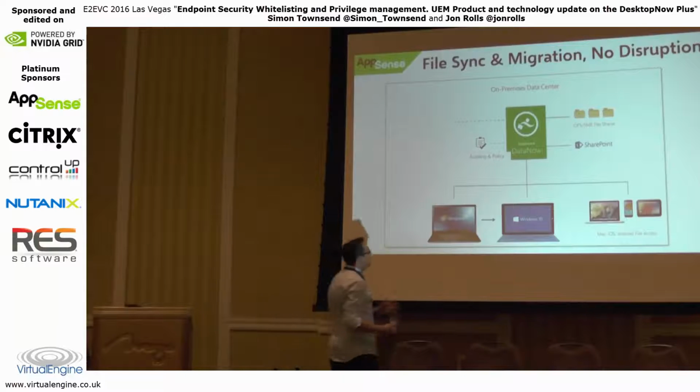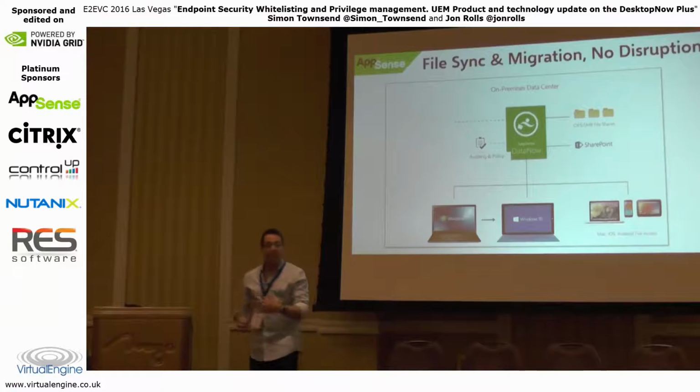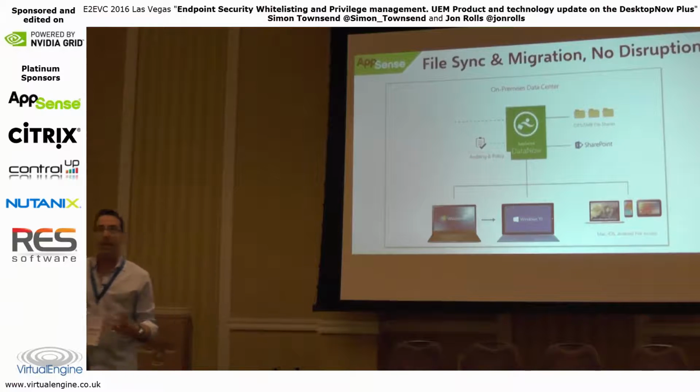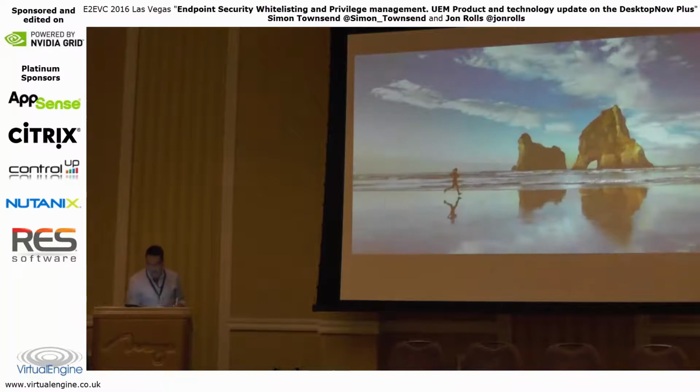So I can tell DataNow to synchronize everything on my desktop. I can tell DataNow to synchronize my documents, for instance. So when I'm working on my machine, I don't have to change how I work historically.